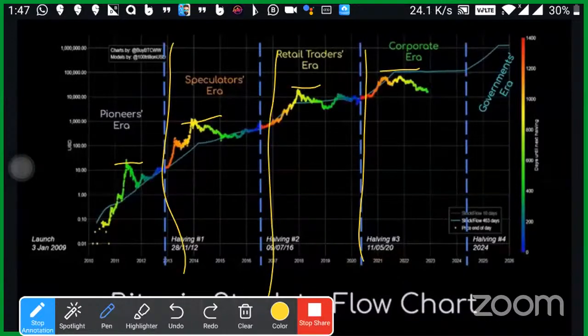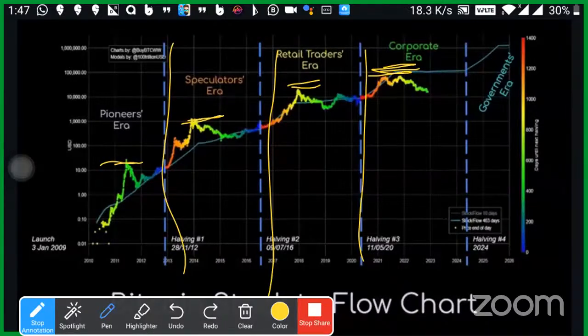You can see here, this is the highest all-time high, and it is much above. And in the same way, the retail traders era all-time high was higher than the previous era's all-time high, and the spectaculars era all-time high was much higher than the previous era's all-time high. After every halving, what happens?